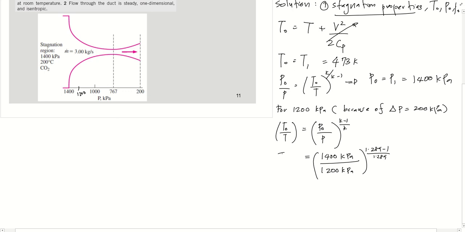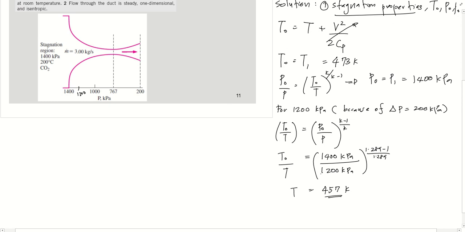So this gives T0 over T. T now equals T0, 473, divided by this answer, and you will get the temperature at 1200 kilopascal equal to 457 Kelvin.